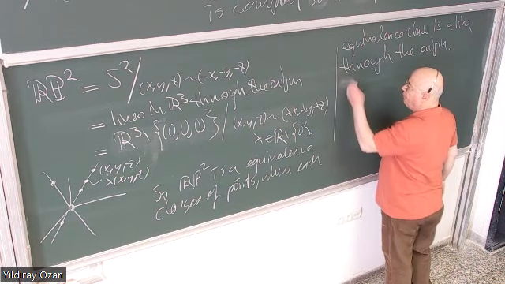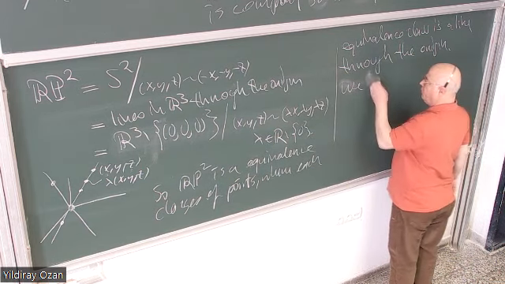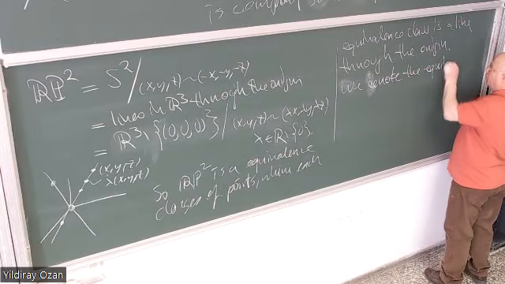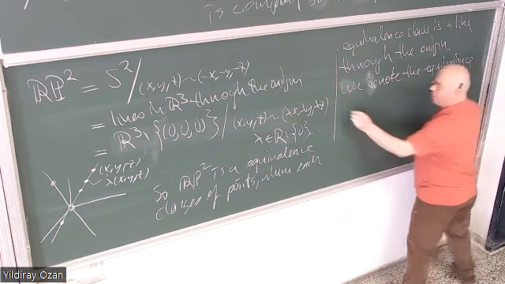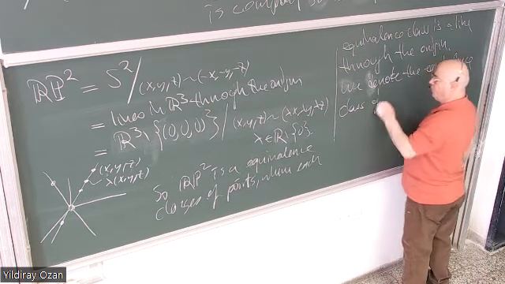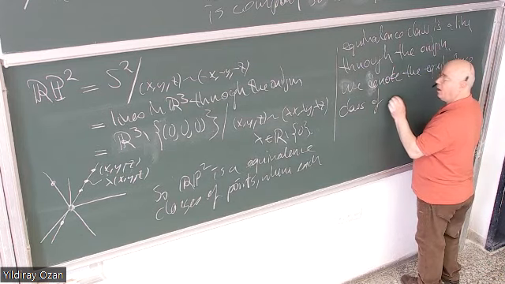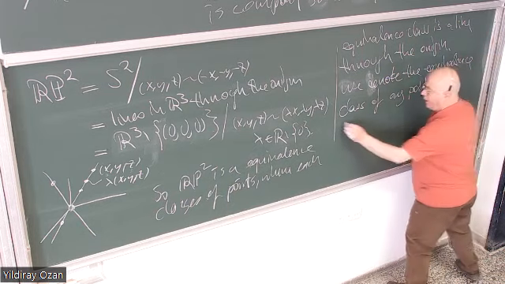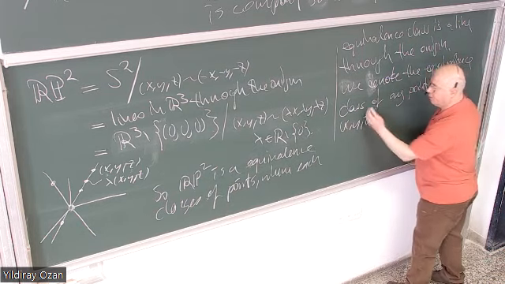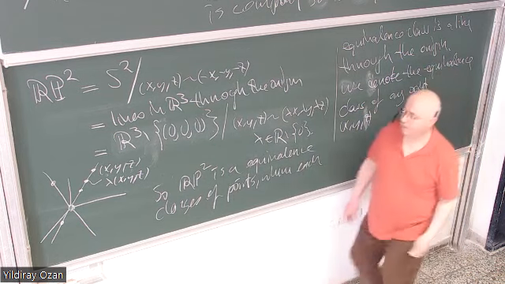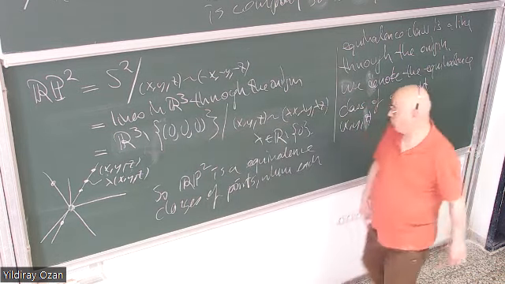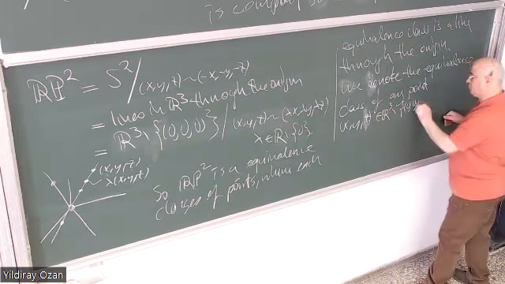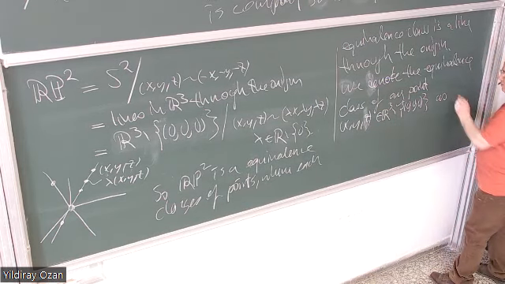We denote the equivalence class of any point x, y, z in R3 minus 0 with this notation.